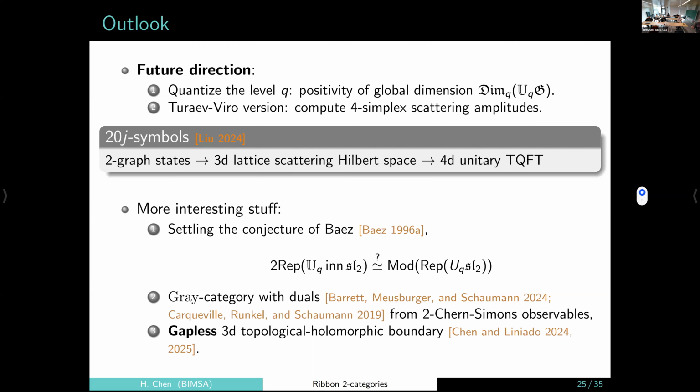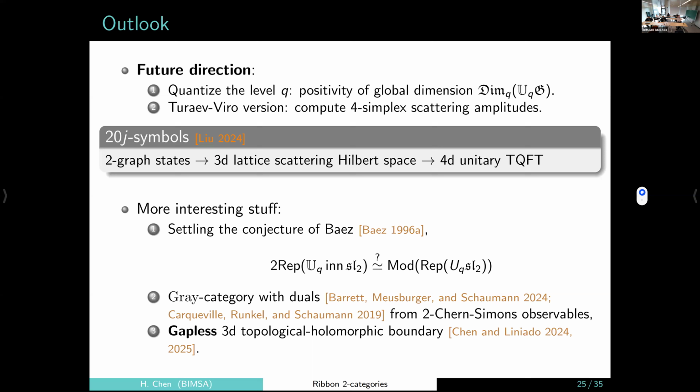They say that you can prove the quantization of the level from looking at the global dimension of your Wilson line states. But at the end of the day, we should try to understand how the levels quantize from the perspective of these 4D TQFTs.